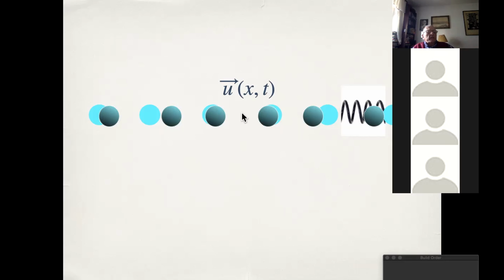So the displacement of the atoms can be not only a function of position, but also a function of time. I put a little arrow on top of this u, for I am assuming that what I write here might, in some sense, be generalized to more dimensions.